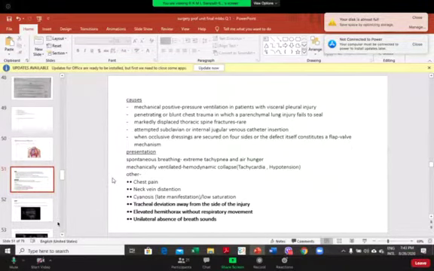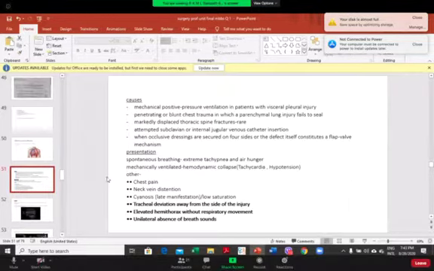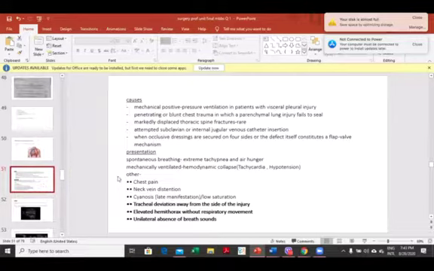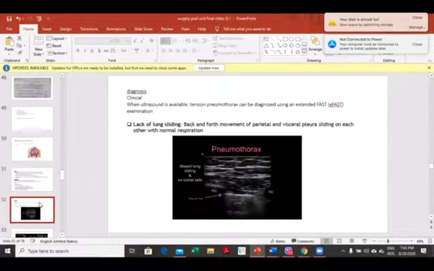It is a clinical diagnosis. That's the answer I wanted. Clinical diagnosis. It's a clinical diagnosis. You should not wait until X-rays.